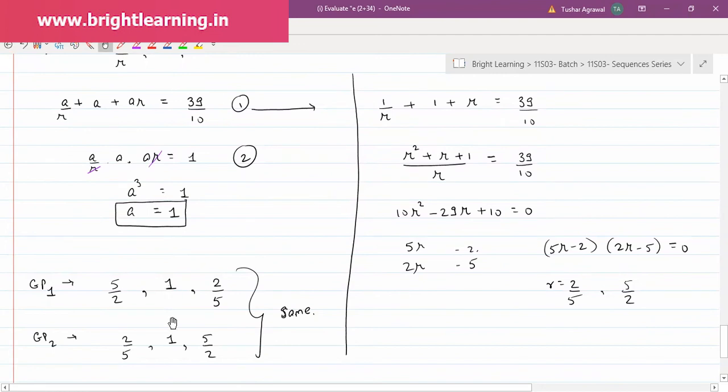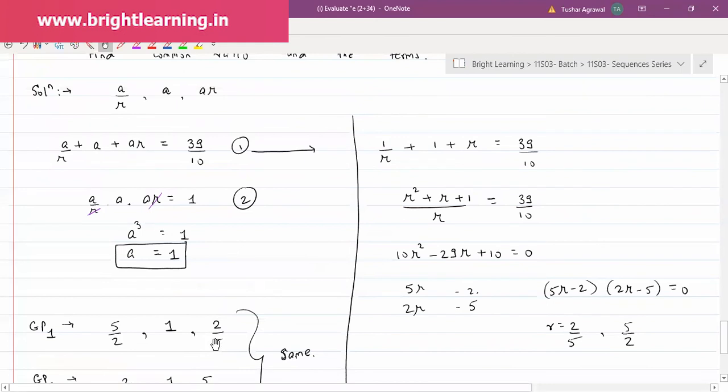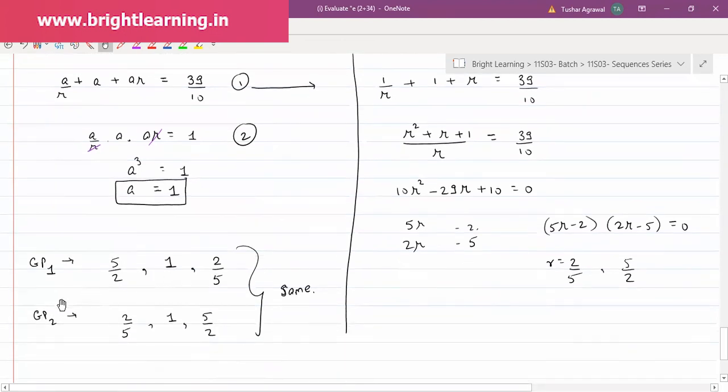A, AR. AR will be what? 1 into 2 by 5. A upon R will be what? 1 divided by 2 by 5. So it will be 5 by 2. Geometric progression second will be what, sir? If R equal to 5 by 2. So can you see the three terms are actually the same only?